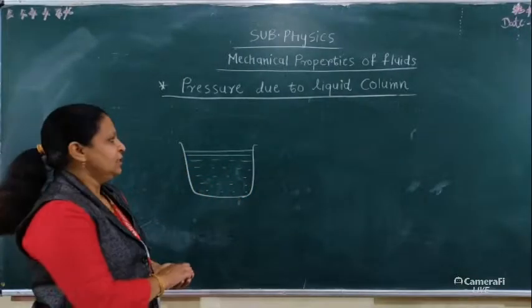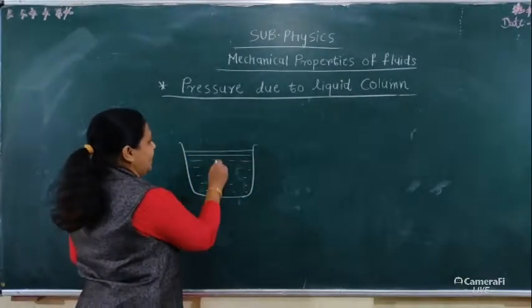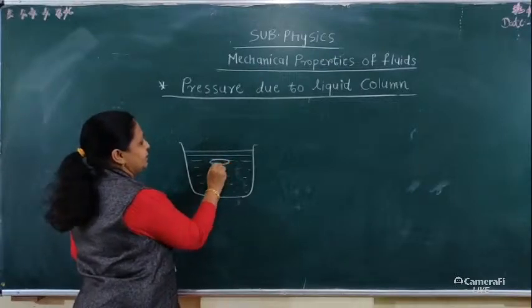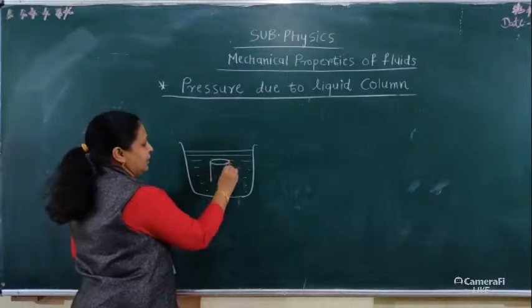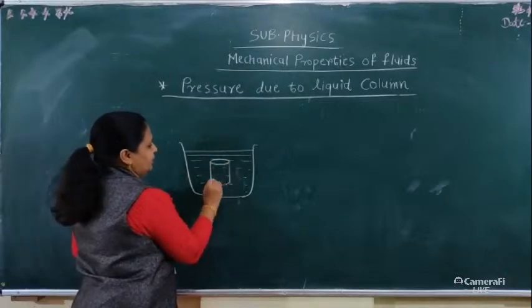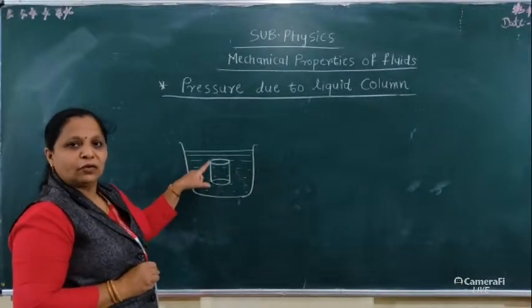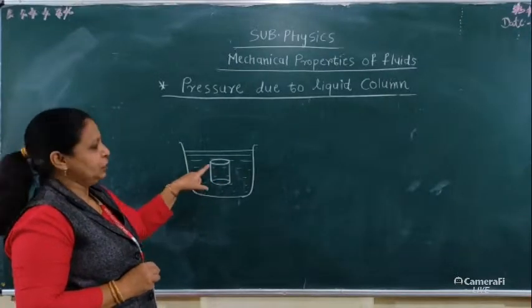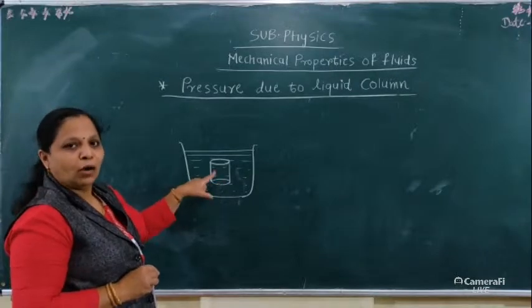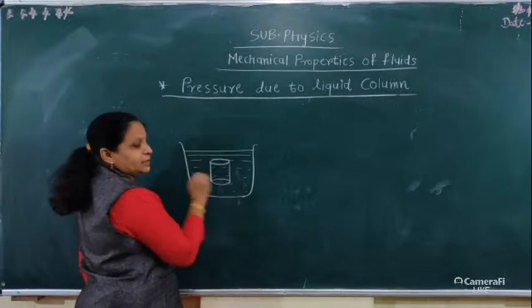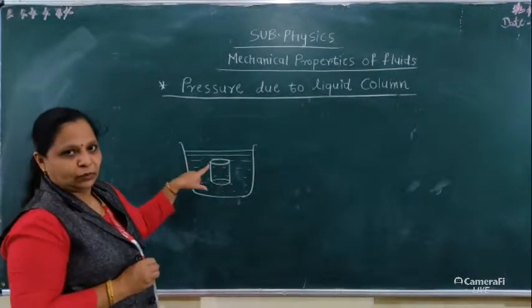Liquid column means here we consider an imaginary cylinder, and the imaginary cylinder exerts weight. This imaginary cylinder is also filled with a liquid, and due to this liquid column, we will calculate the pressure on the bottom surface of this cylinder.